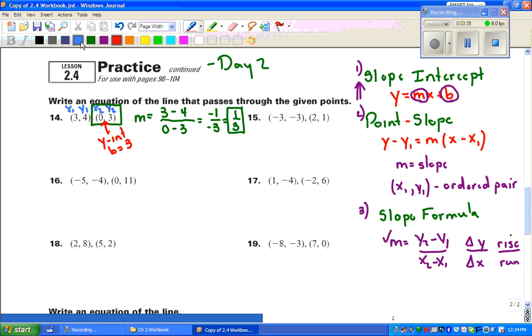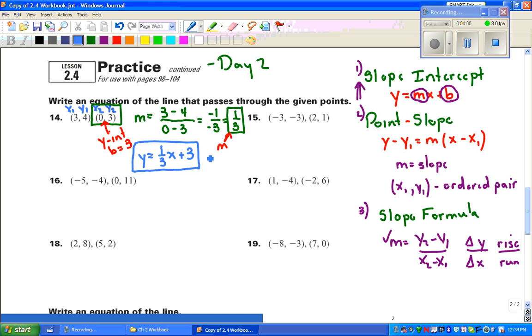Which means now we have my m, we have my b: y equals 1/3 x plus 3. So we have that one now in slope-intercept form because we knew this was my y-intercept.